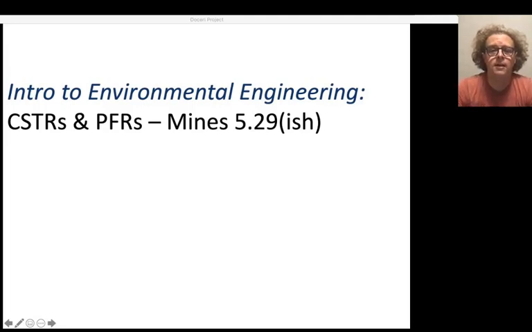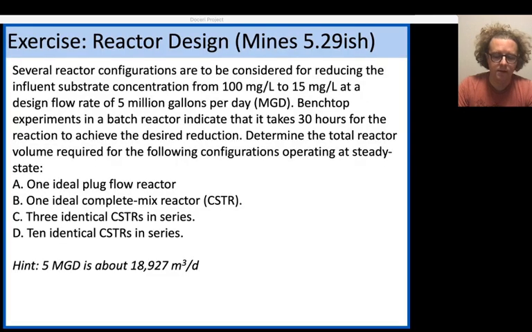I want to look at a problem tonight that is adapted from 5.29 in the Mines textbook, where we'll take a look at CSTRs and plug flow reactors. So the setup of the design is here. In this problem we've got an influent with a concentration of 100 milligrams per liter, and our goal is to reduce that down to 15 milligrams per liter in a reactor.